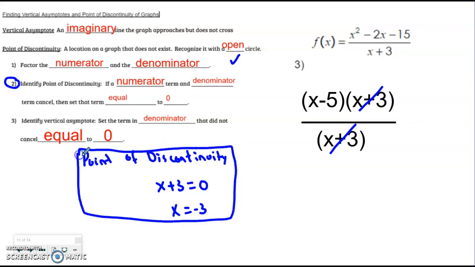I found that. Is there anything else in the denominator that I did not cancel? There is nothing else because I got rid of the x plus 3. So I have no vertical asymptote.